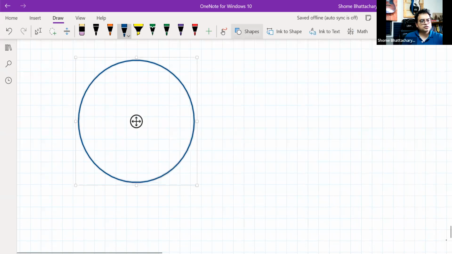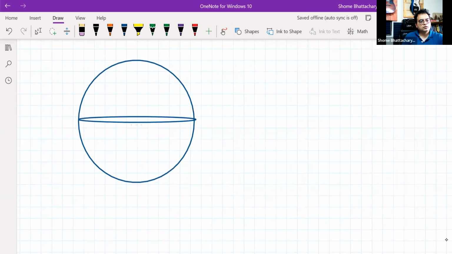We can give a proof of that formula. Coming back to this, imagine we are slicing a thin ring somewhere here.